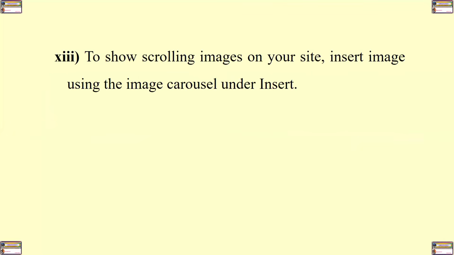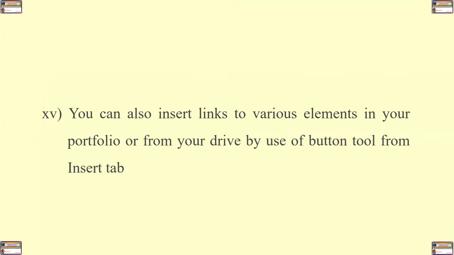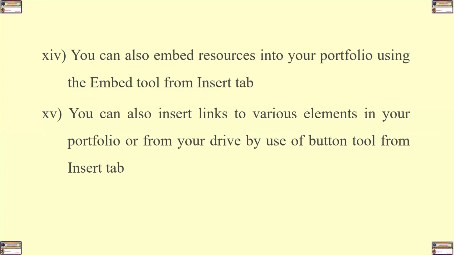Number 13, to show scrolling images on your site, you can insert image using what we call the image carousel and insert. To change how the carousel shows images, click on settings and edit as necessary. Number 15, you can also insert links to various elements in your portfolio by use of button tool from Insert tab.